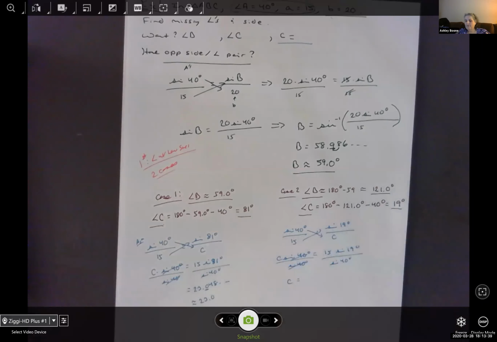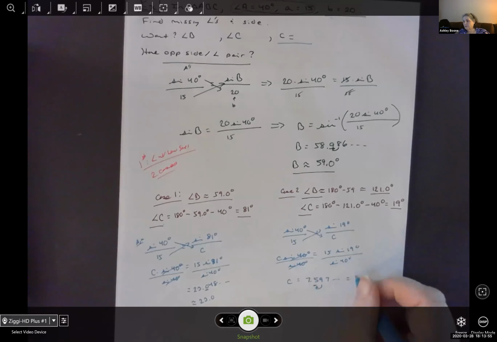So we have 15 times the sine of 19 degrees divided by the sine of 40 degrees. And we get C is 7.597 to the 10th. That's going to round up to be about 7.6.